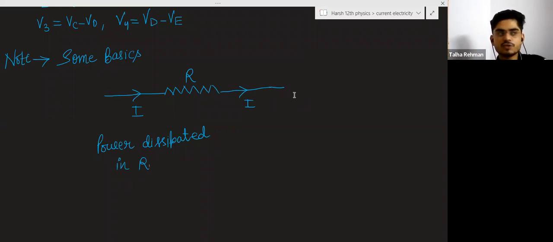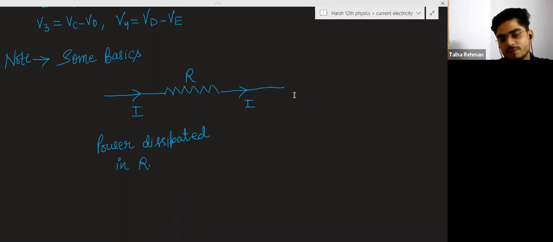When the current flows, the electrons collide with the ions, and due to this collision there is a change in momentum, and some energy is lost in the form of heat. Energy loss per unit time is known as power.